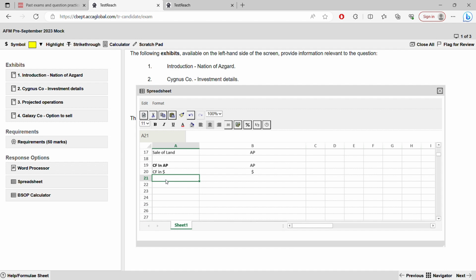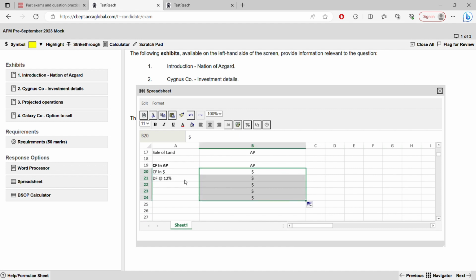So once you have converted, what do you need? You need a discount factor to discount. At what percent? 12%, they have given you. This will be in dollar as well. So once you get the discount factor at 12%, you need to put this from the table. Input it from the table rather than directly discounting it. Then discount factor.